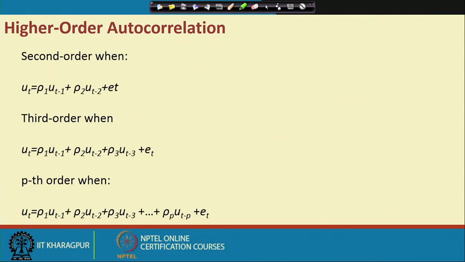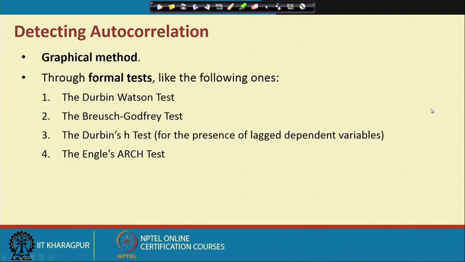It is a kind of chain, technically called an autoregressive scheme, and we want to see whether the particular error term is connected with the previous error terms. If there is a strong correlation, then that is very dangerous for prediction, so we like to find out the degree of such a relationship.